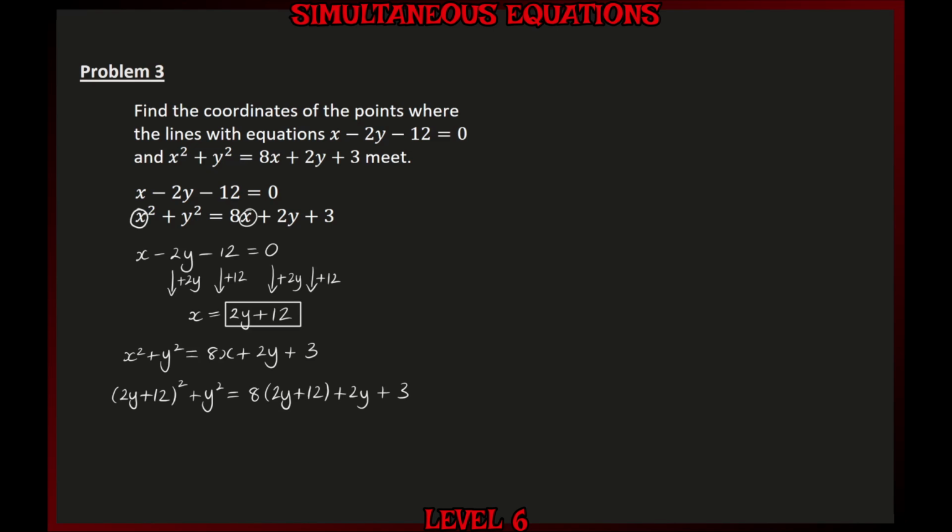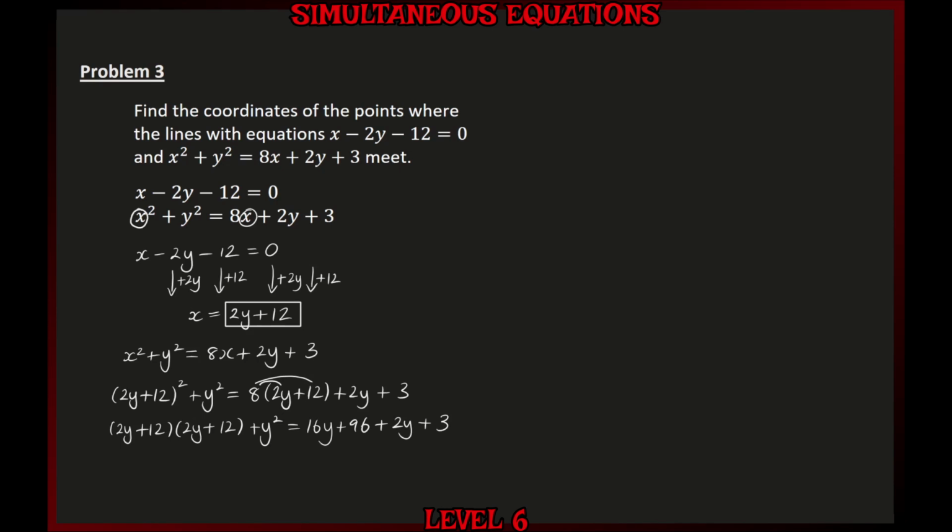So starting with the first bracket, we can rewrite this as 2y plus 12 multiplied by itself, plus y squared, is equal to, we can expand the bracket on the right, so 8 times 2y is 16y, 8 times 12 is plus 96, and we still have a plus 2y and a plus 3 on the end.